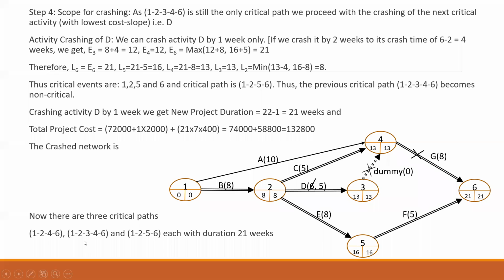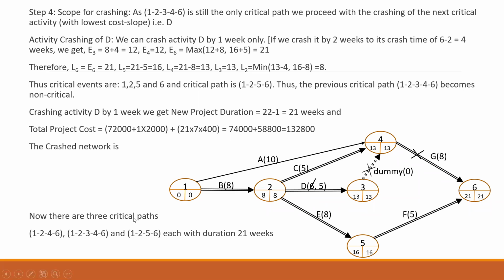In the first activity, you can see 1, 2 is always there. So B is my common activity here. Whereas we have 2, 4, that is C. Here we have 2, 3, that is D. And we have 2, 5, that is E. That means C, D, and E will be crushed simultaneously.